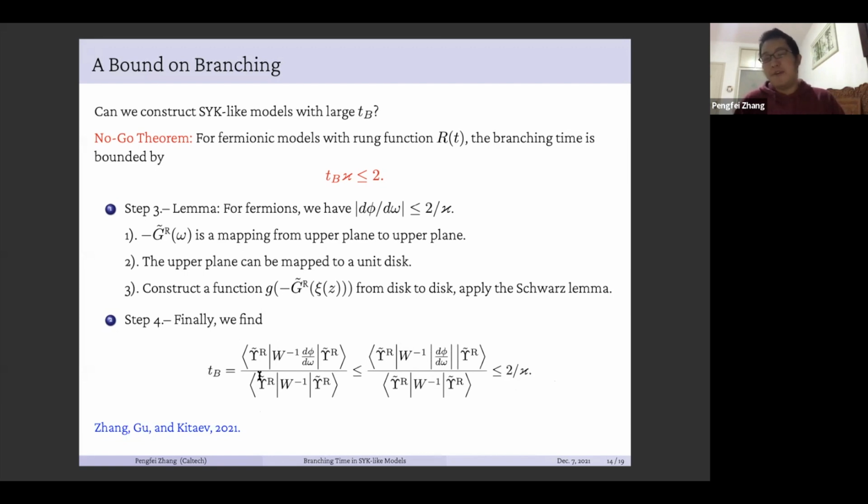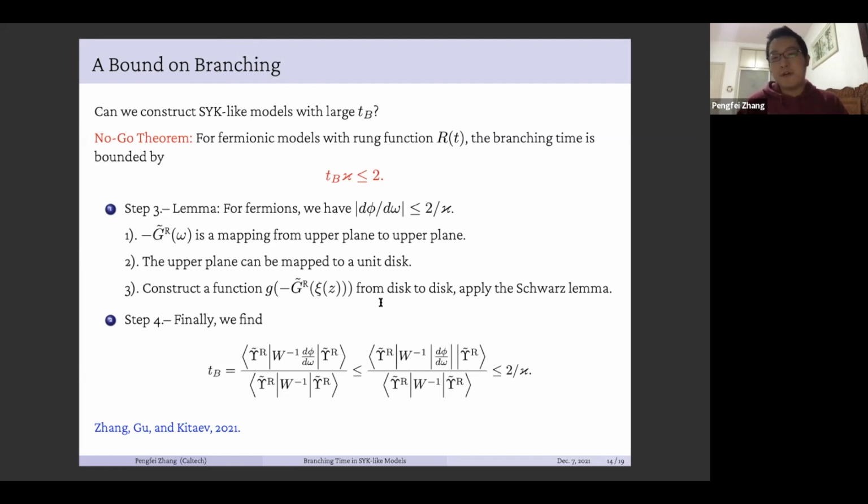The main observation is that this retarded Green's function, with an additional minus sign, is in fact defined as an analytic function from the upper half plane to the upper half plane. On the other hand, the upper half plane is equivalent to a unit disk, so we can construct a composite function which maps from a unit disk to another unit disk.